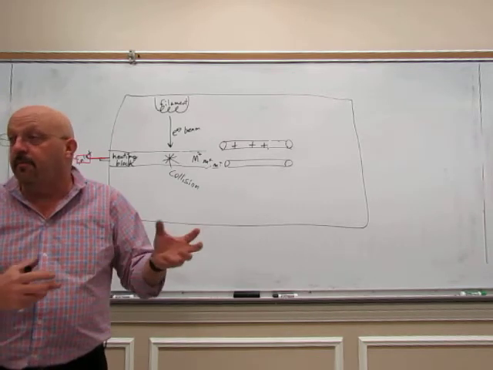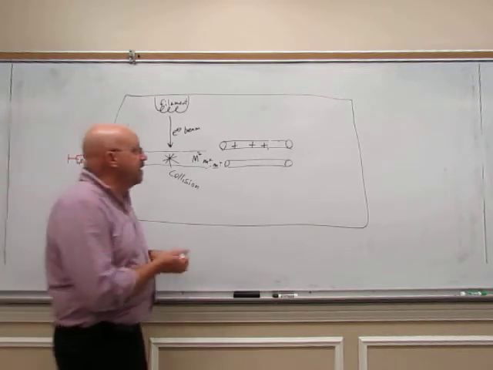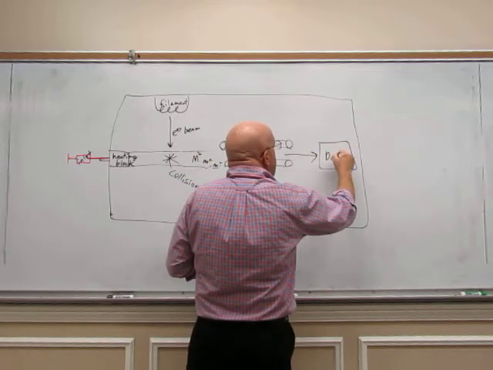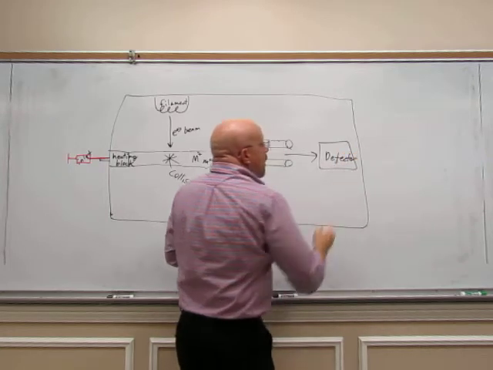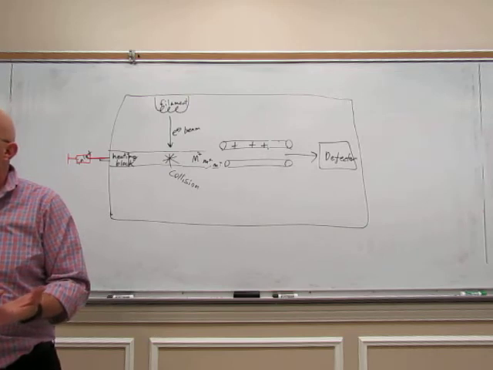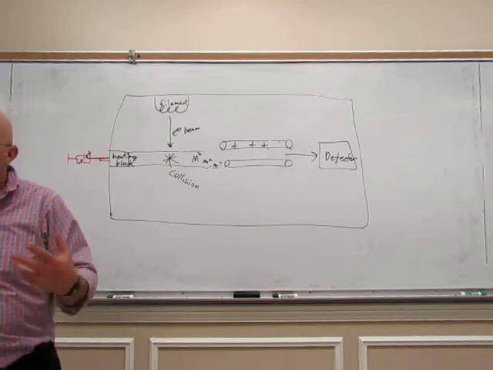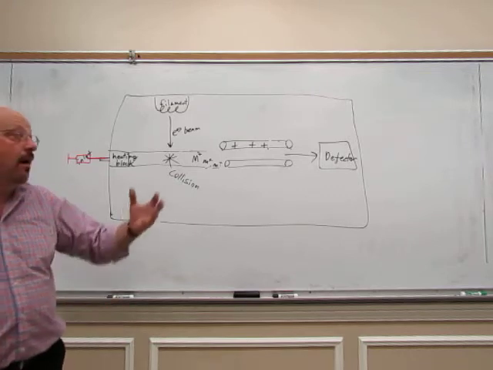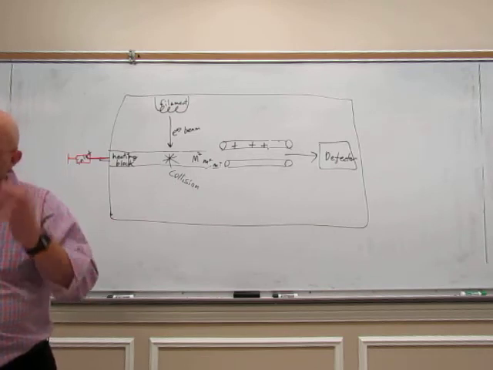Now it's still fast, but it's slower than the small pieces. So when they come through and they hit a detector, based on when they hit the detector, that detector will know the mass of it. And so that detector can measure the exact mass. Depending on the instrument, it can measure to several decimal places.